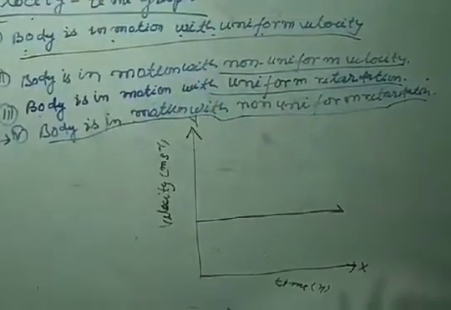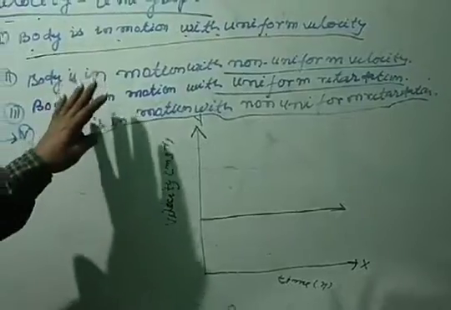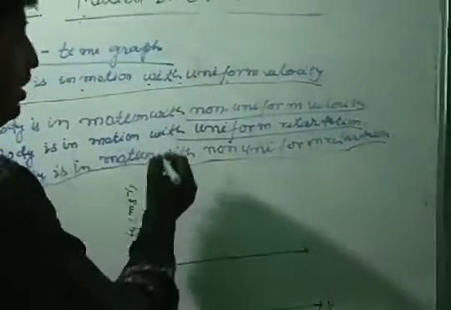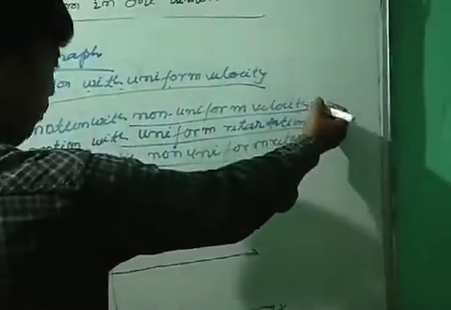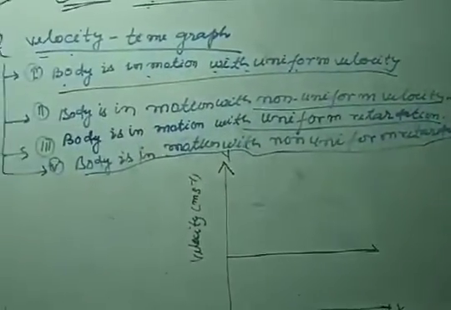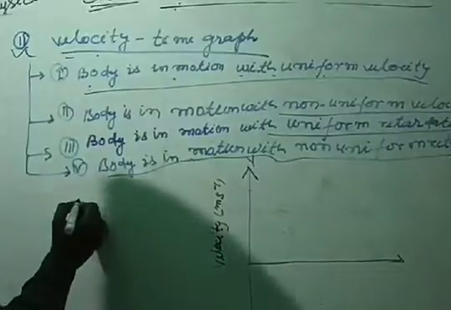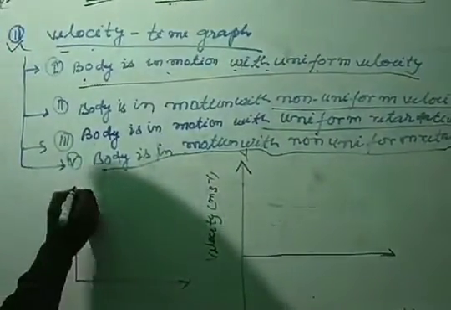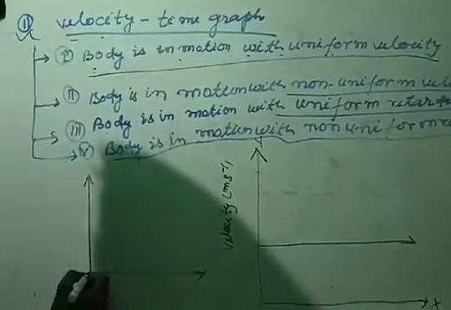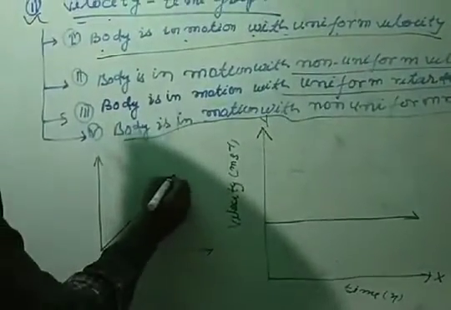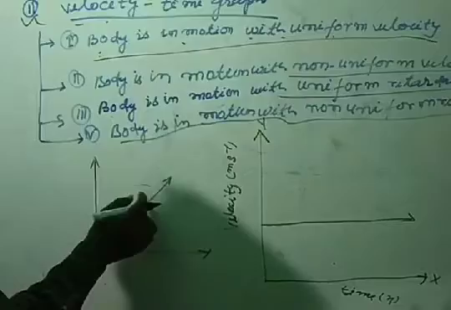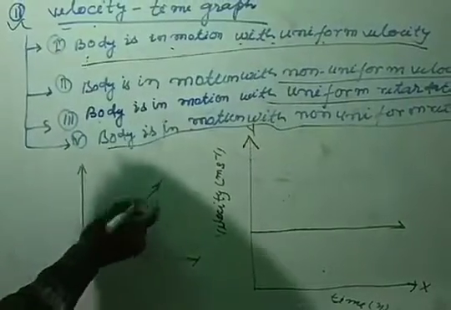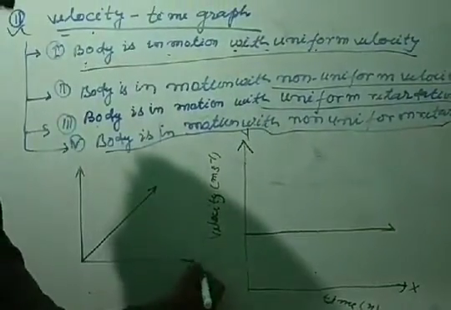In the second case, when the body is in motion with non-uniform velocity, there are two cases. The body is moving with uniform acceleration and the body is moving with non-uniform accelerations. When the body is moving with uniform acceleration, the velocity time graph is a straight line. The slope of velocity time graph gives acceleration of the body.